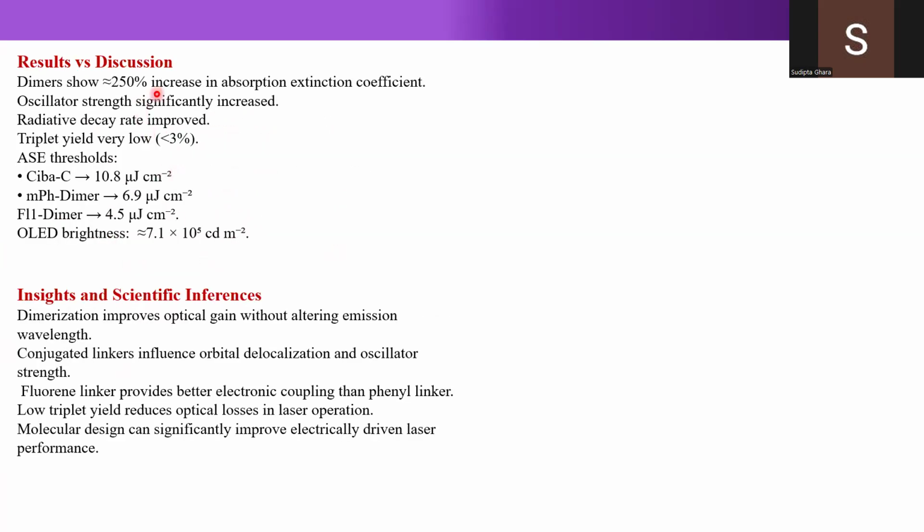After the OLED fabrication, they ultimately got an OLED brightness of 7.1 × 10^5 candela per square meter, and the ASE threshold is quite good for all dimers and the monomer also.